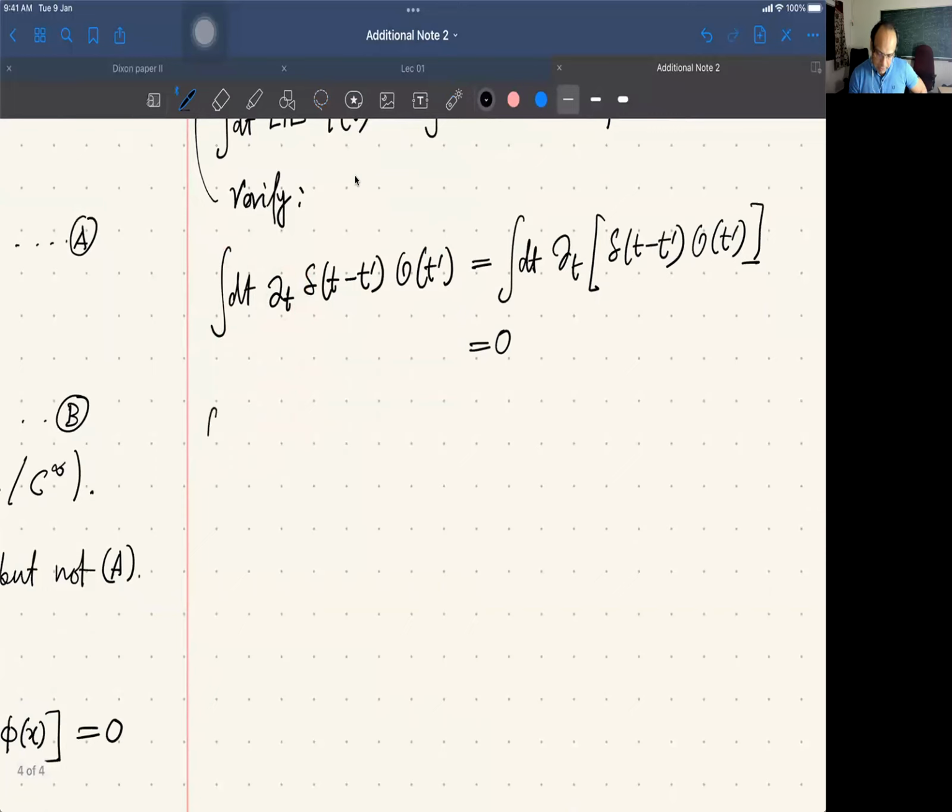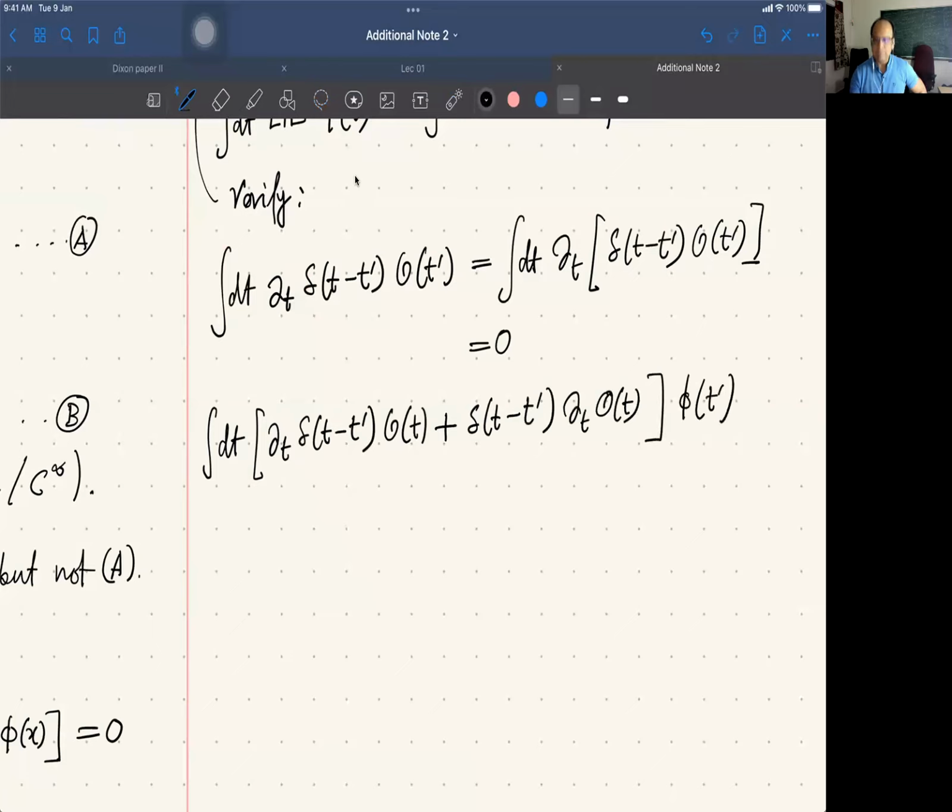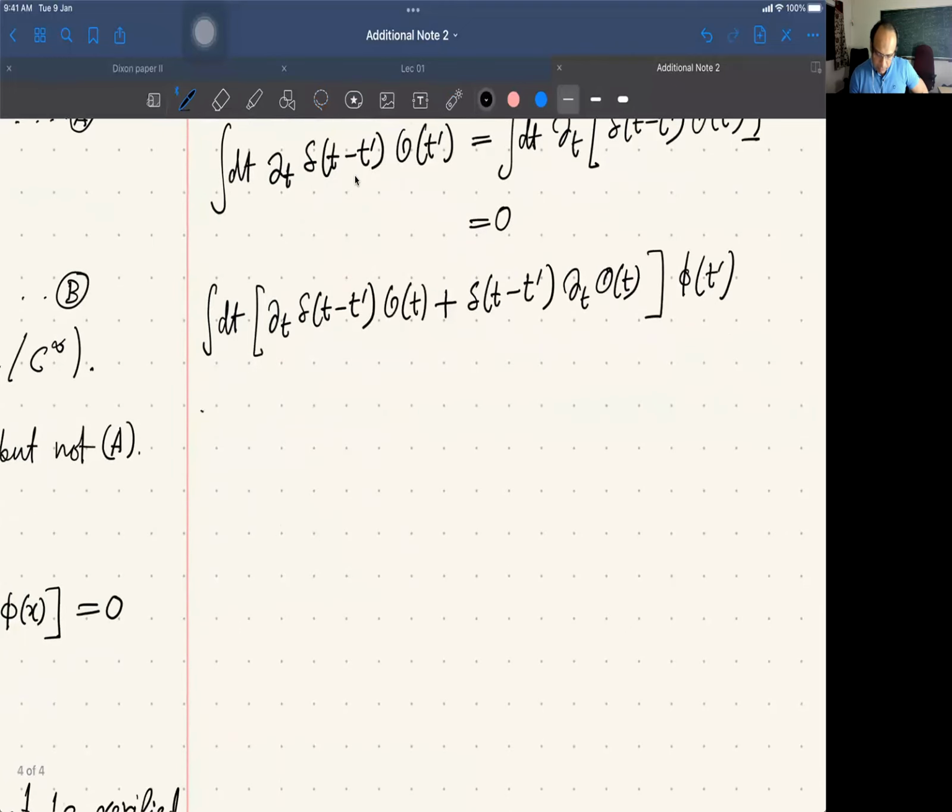Similarly, on the right hand side you have integral dt of del t of delta t minus t prime times O t, plus delta t minus t prime times del t of O t, times phi at t prime. So for the first term, we have to show that this is 0.